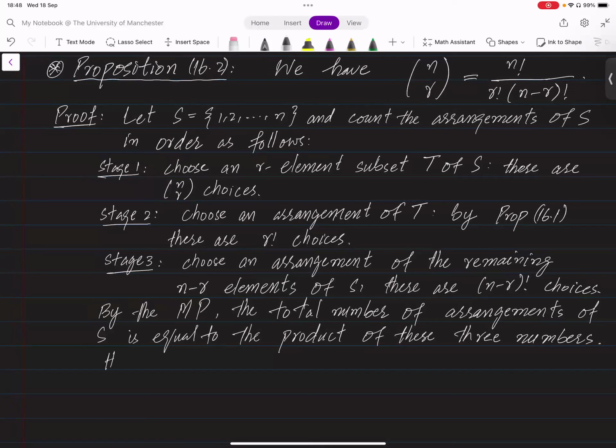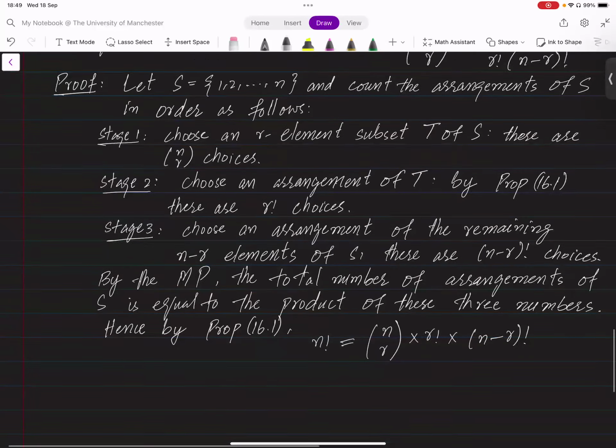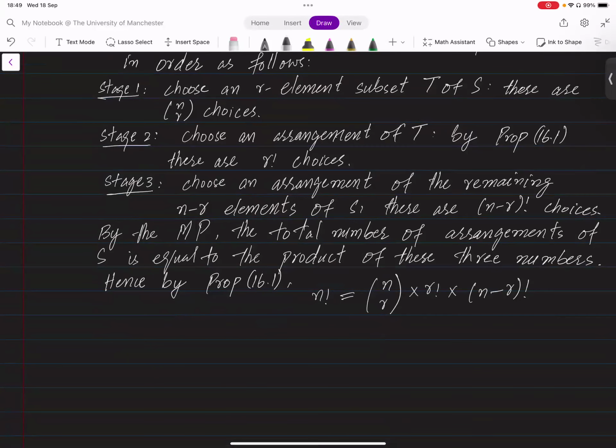Hence, by proposition 16.1, we have n factorial equals n choose r times r factorial times n minus r factorial, and it follows the result, because this is n factorial over r factorial times n minus r factorial, multiplied by r factorial and n minus r factorial.